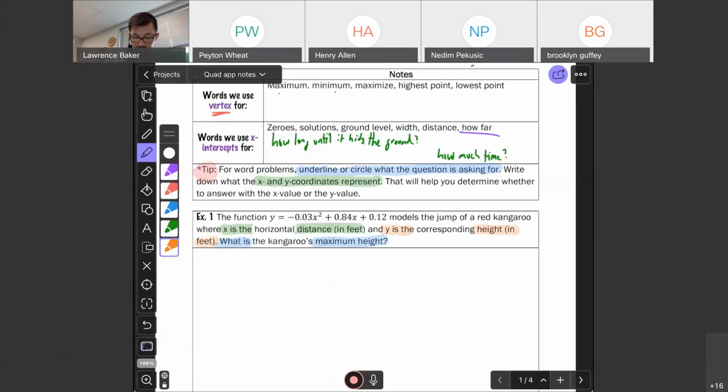And of course, I need the function. But to do the math, I don't need to know that we're talking about a kangaroo jumping. I know that I have a parabolic path that represents distance this way, height this way, and then I want to find out its maximum height. So that's the minimum I would need to write down in order to be able to do the problem. Does that make sense?